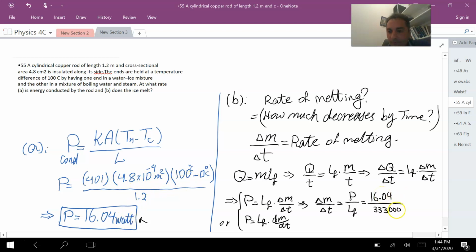So the answer will be found: 16.04 divided by 333,000.